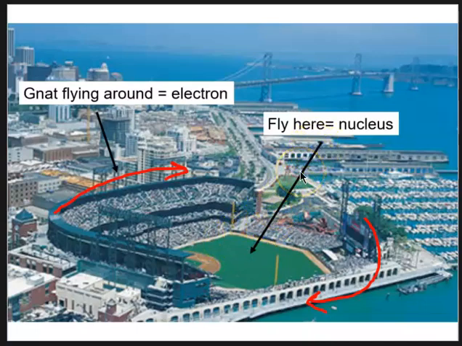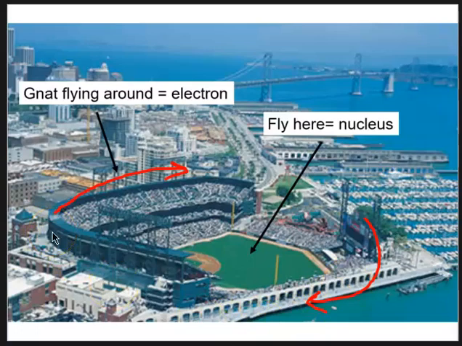Say that this ballpark is an atom. The nucleus would be like a fly in center field, and the electrons would be like a gnat orbiting out around the stadium. So you can see that the nucleus is pretty small compared to the electron cloud that is orbiting around it.